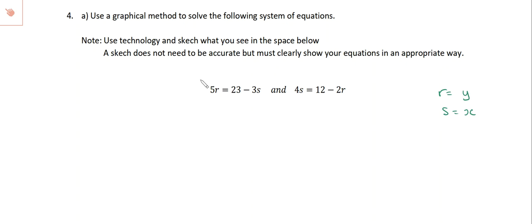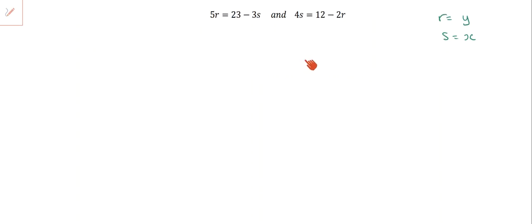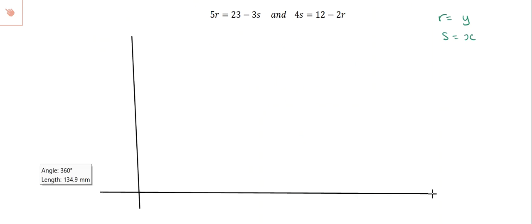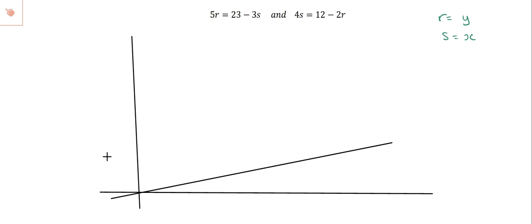Now, when you put those, you can type those straight into Desmos. If you were using your calculator, you might have needed to rearrange things a little bit. But when you use technology, you will have had graphs that look like this.